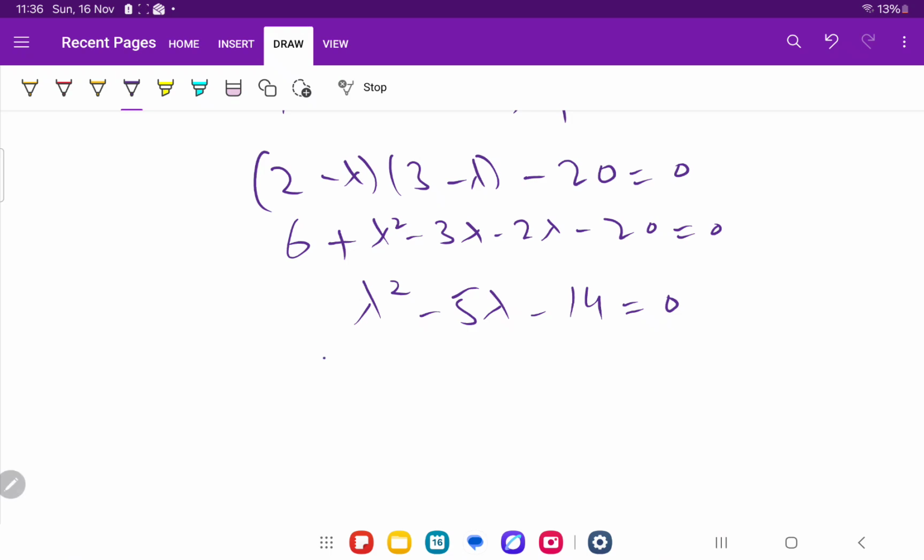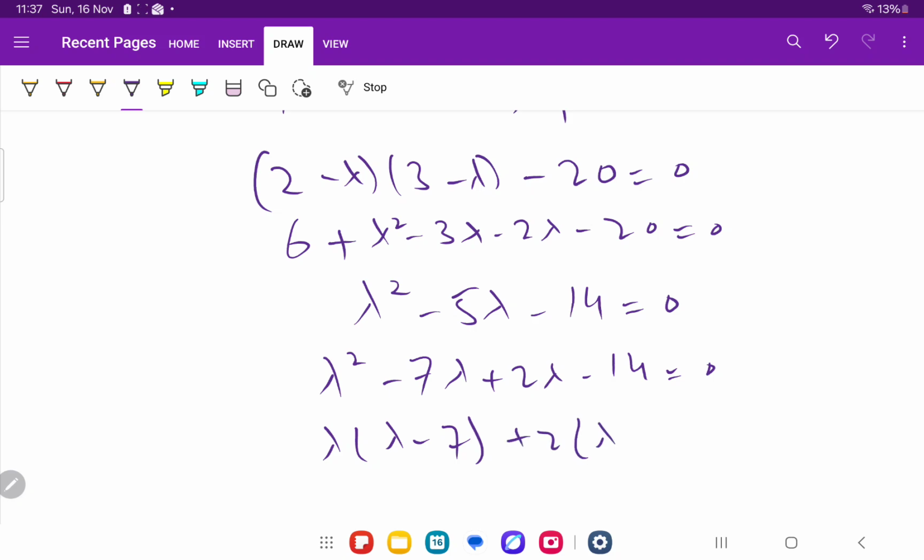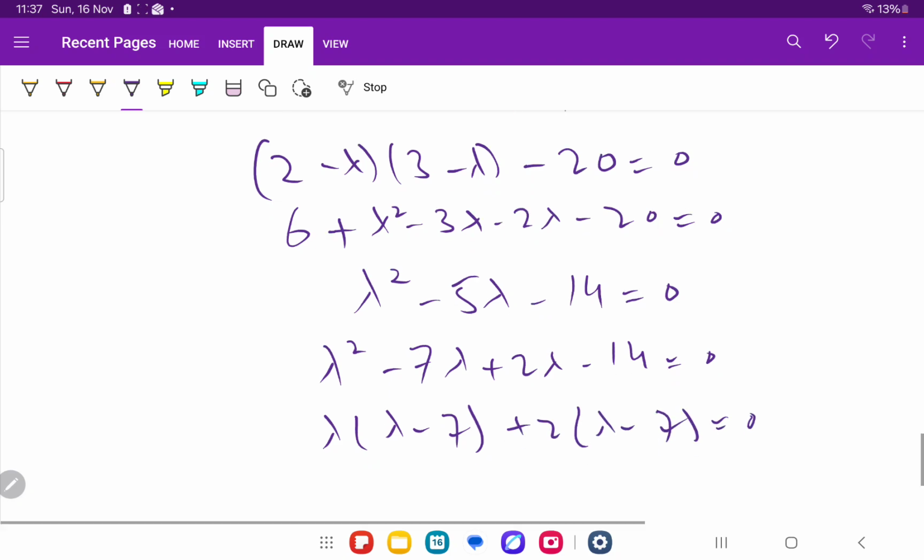Okay, so I'm convenient to apply the factorization. Lambda plus 7 minus 7... lambda plus 2 lambda minus 14 equal to 0. Lambda minus 7 plus 2 lambda minus 7 equal to 0.